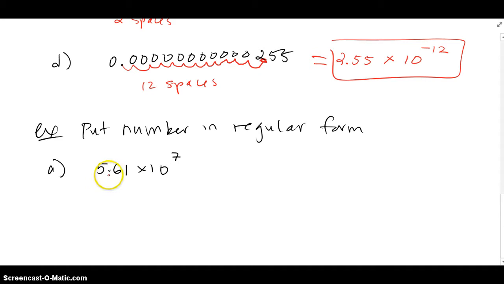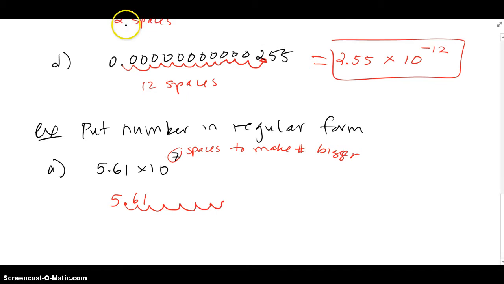So I'm starting with 5.61 times 10 to the 7, which means I'm going to end up with a fairly large number. So 5.61 and 7 is 7 spaces to make the number bigger because it's a positive power of 10. So to make this number bigger, I'm going to go 1, 2, 3, 4, 5, 6, 7. 7 spaces to the right, and fill those spaces with zeros, because remember you're basically multiplying by a power of 10.